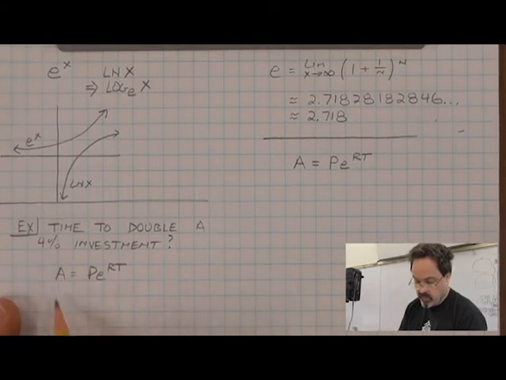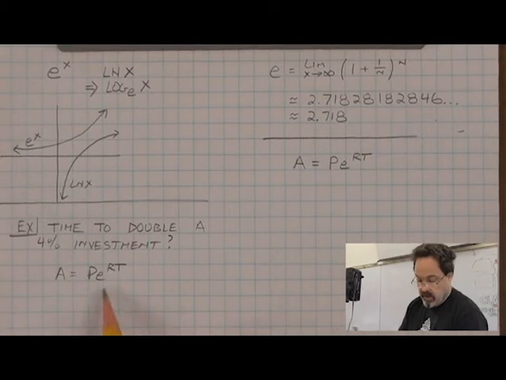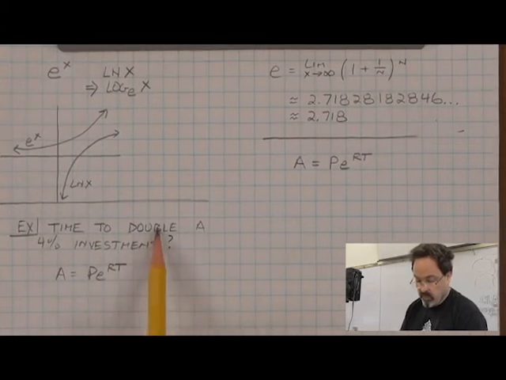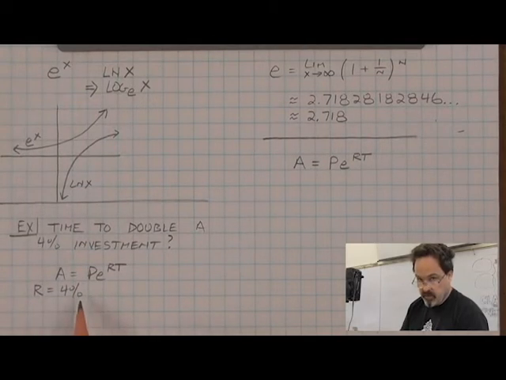Start with the basic equation. Then we analyze: if we're going to use this equation, what do we know and what are we asked to find out? We know quite directly from the wording of the problem that we have this 4%. 4% in this equation is the interest rate represented by r. So I'm going to say that r is equal to 4%. But immediately this 4% I'm going to convert to a decimal.